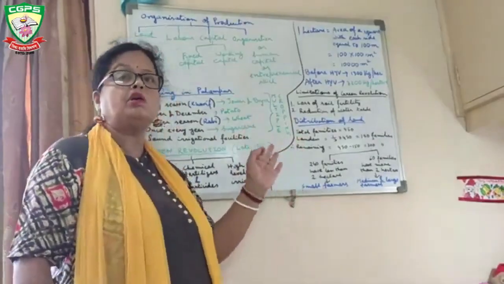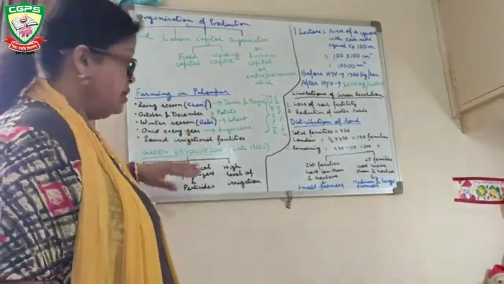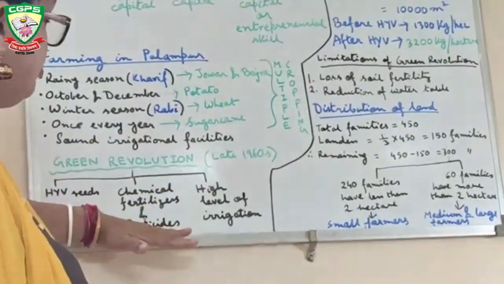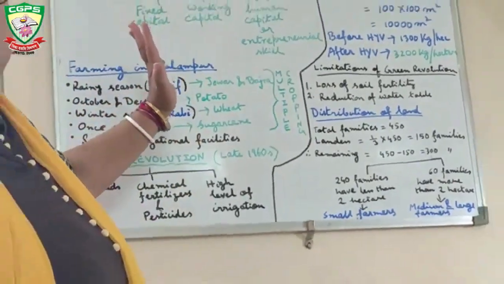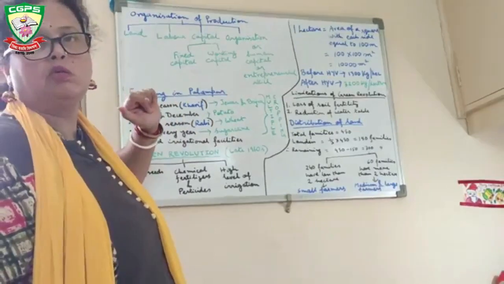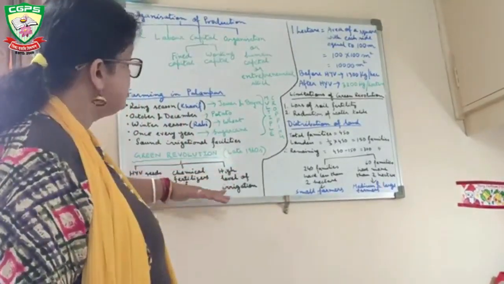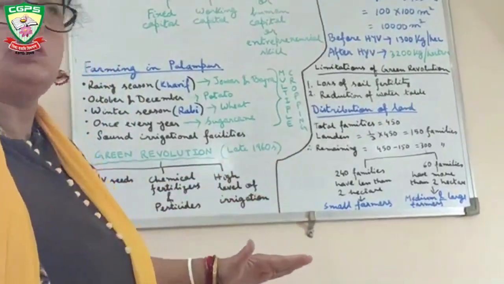But whenever we are talking about this modern technology in farming or green revolution, then HYV seeds are needed. Use of chemical fertilizers and pesticides are needed. Previously, cow dung was used when the farmers adopted old technology. But now, cow dung they are not using. They are using chemical fertilizers and pesticides, and along with that, high level of irrigation is also needed.